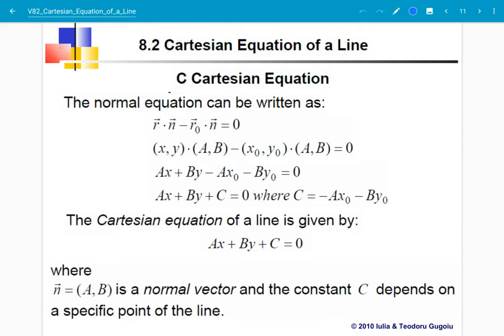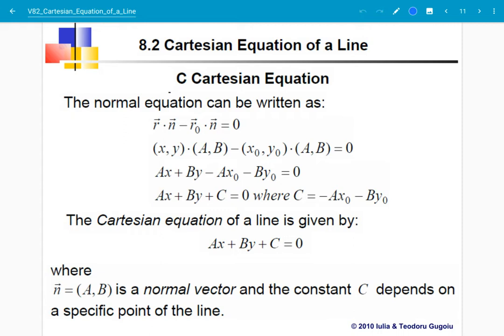Cartesian equation of the line. You take the normal equation and you plug in for n, well, okay, you distribute it, right? You dot it, r times n and minus r naught times n. And what you do is for the normal, you put components A and B. So those are the normal components.